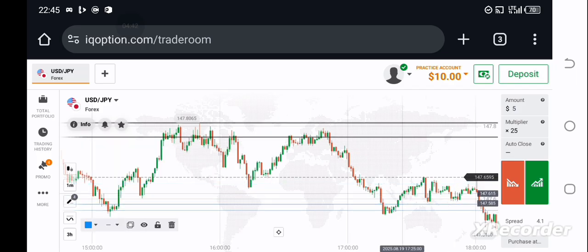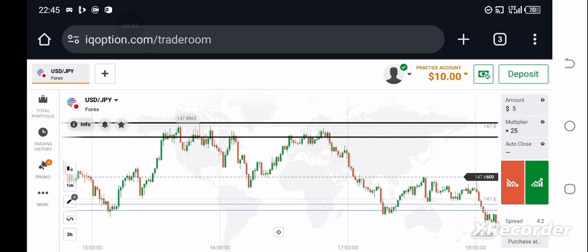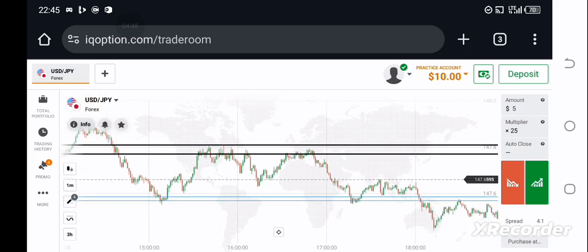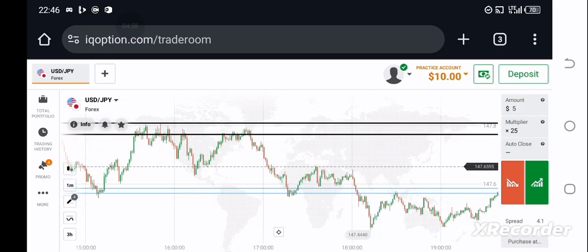You have to draw just from the beginning of the wick to the end of the wick. Okay, so this is our demand zone. As you can see, the market got to the zone, it reversed upward.